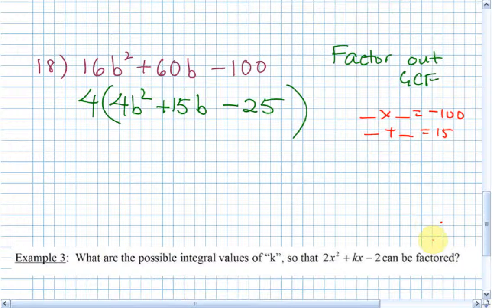So once again, factor out the GCF first. Okay. Find the right combination right now. What's the right combination?